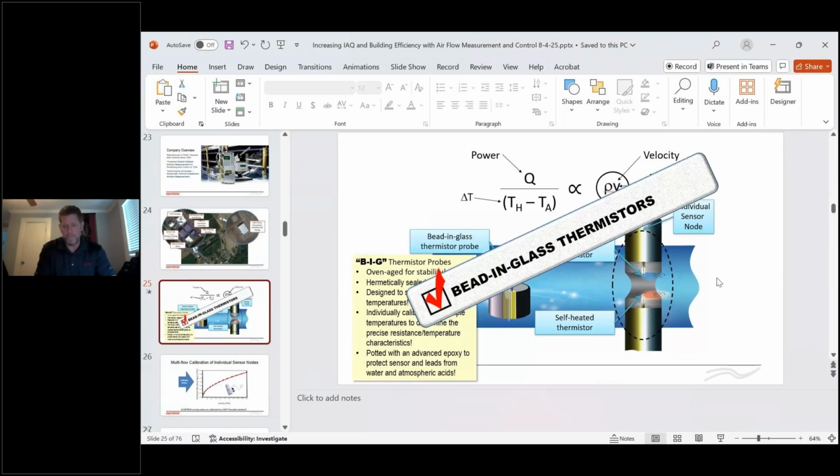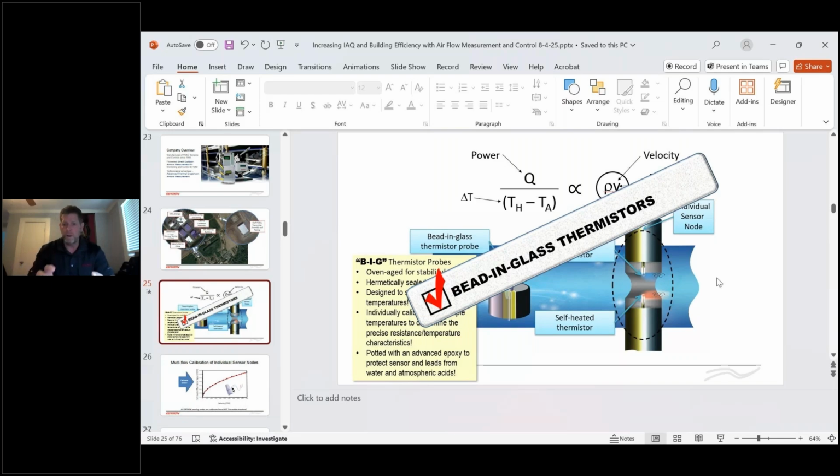mass velocity. Now, these bead glass thermistors are like 0.01 degree Fahrenheit temperature sensing devices. That's crucial to know for various reasons, and I'll show you some later on. We're doing that temperature measurement between those two thermistors and the power in order to calculate the velocity.